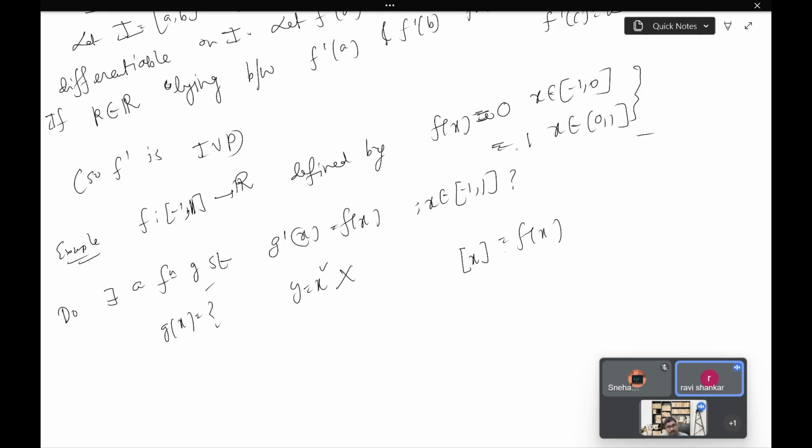Sir, the integral of f(x) we can write as g(x).